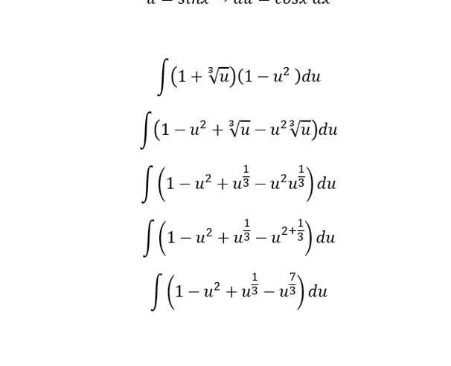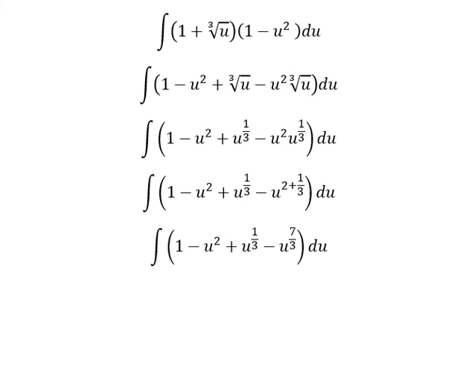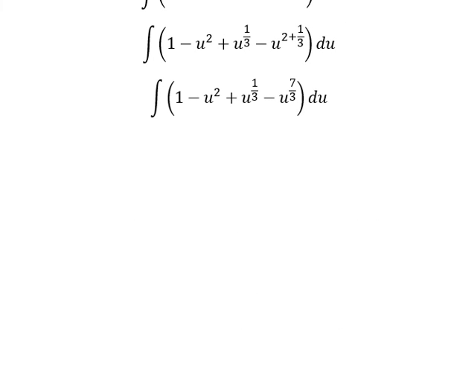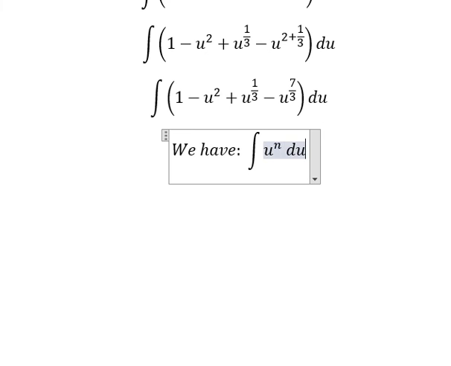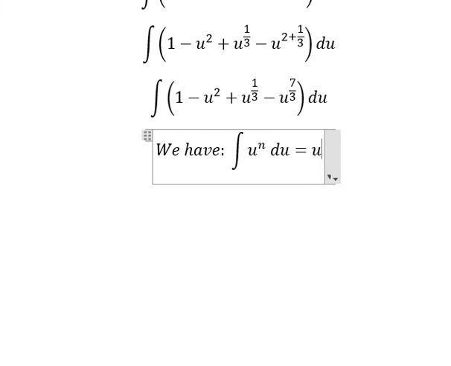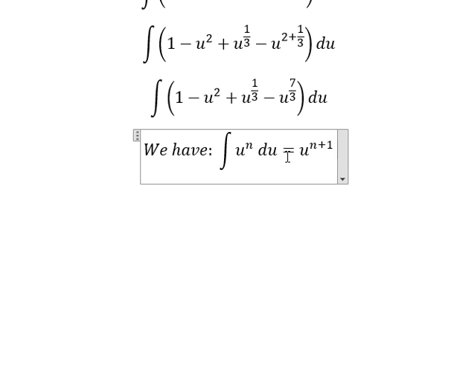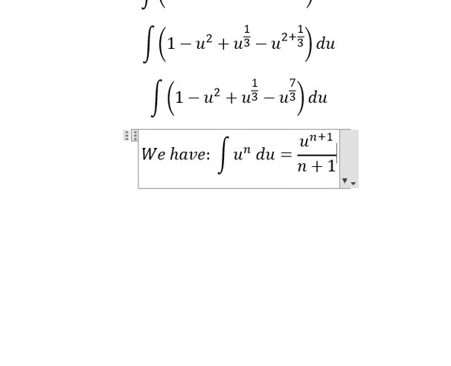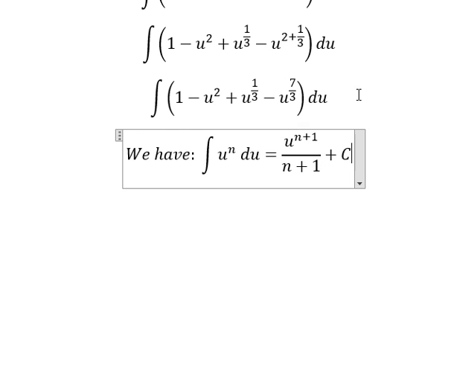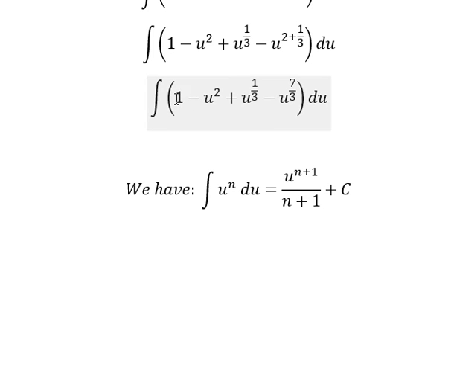So we have the formula in here. So we have u to the power of n plus 1 over n plus 1, and I will put about c. So this one, the integration of number 1, we have u. The next one, we put number 2 here.